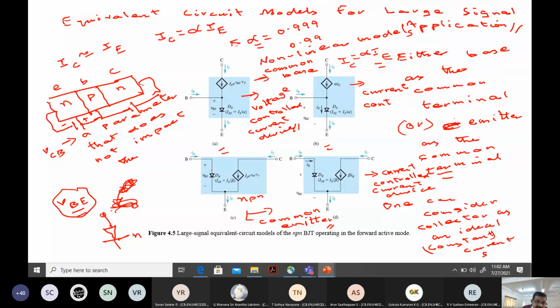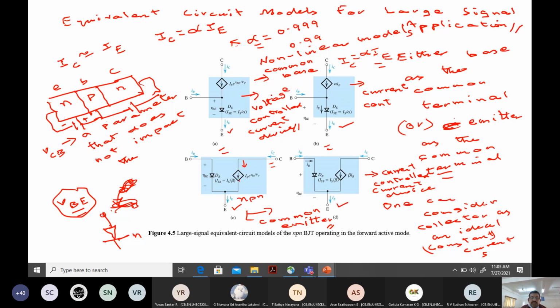So the input is replaced by a diode. The output is not dependent on VCB, therefore IC is independent of VCB. In that sense, IC acts as a constant current source. The IC current flows into the terminal, which is why it is marked like this, whereas IE goes out of the terminal, so you can see IE marked out like this in all of these.